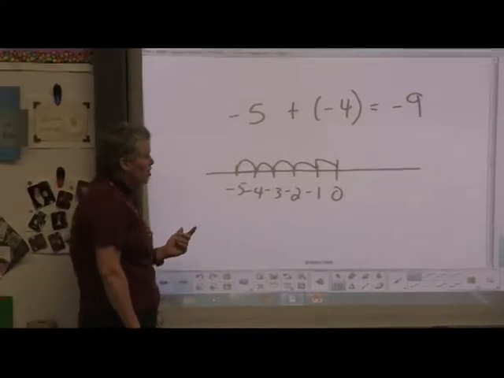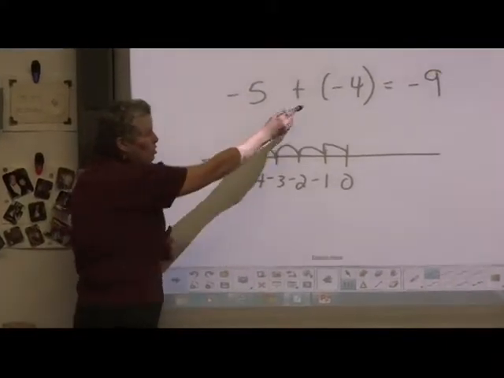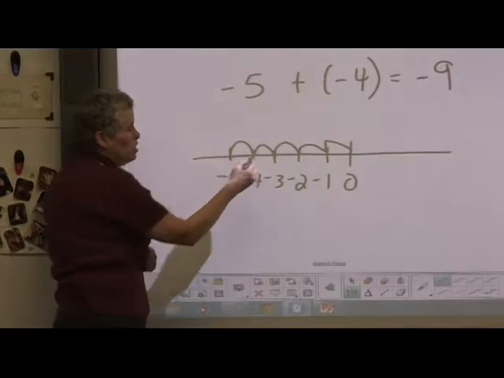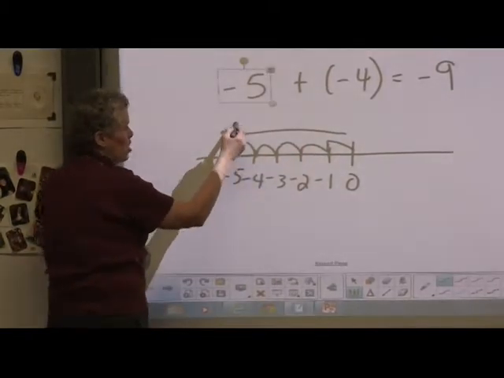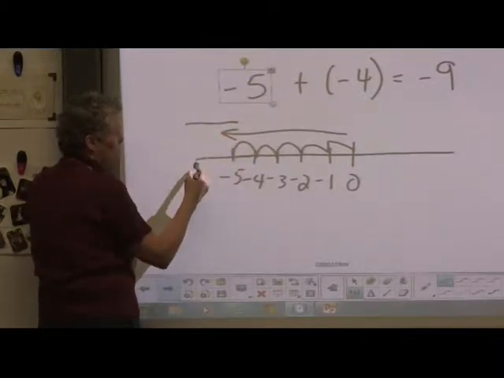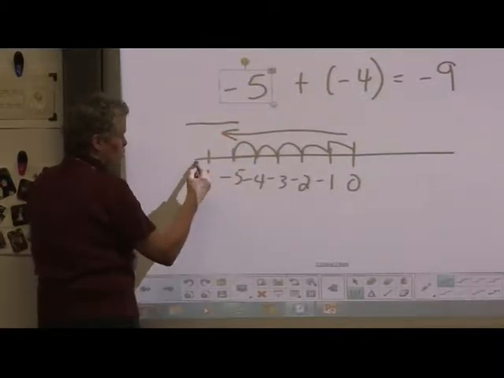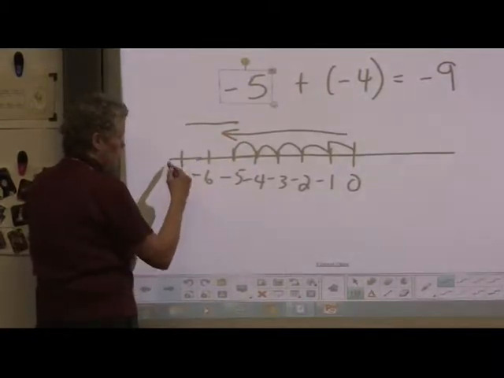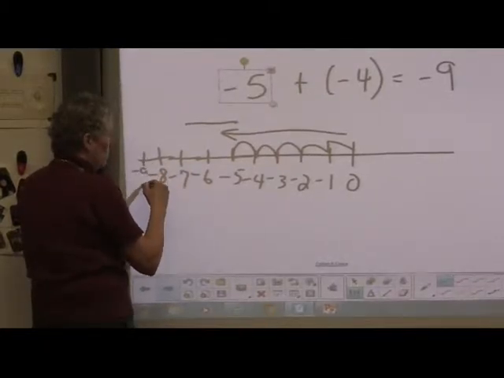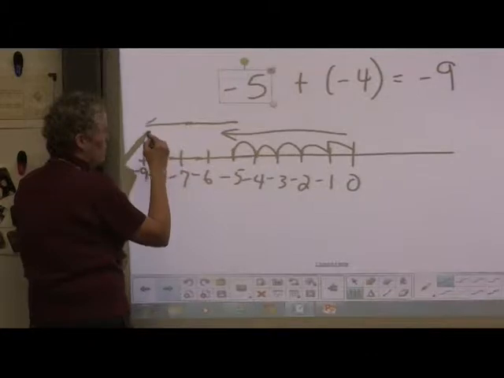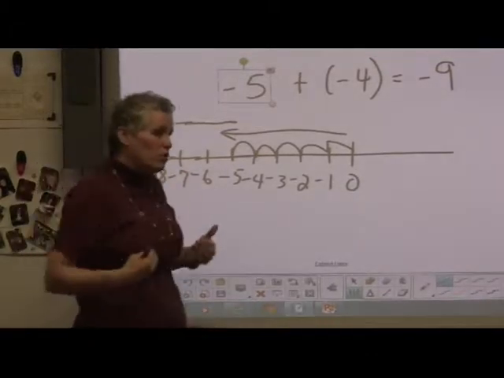Then I'm going to go backwards, because remember, I'm going in this direction. Then this says go backwards another 4. Where did you end up? Then you went this way, because you were really going backwards.